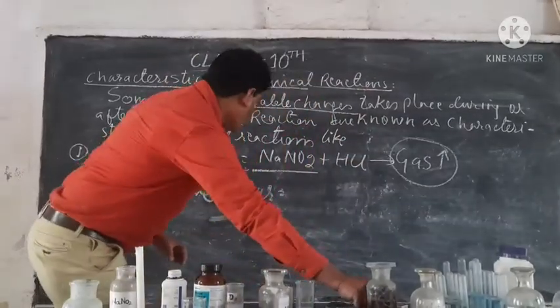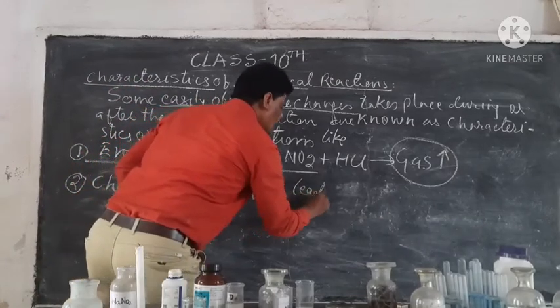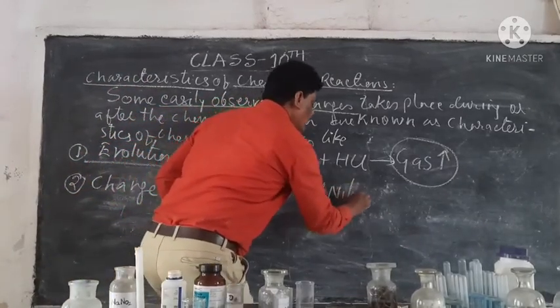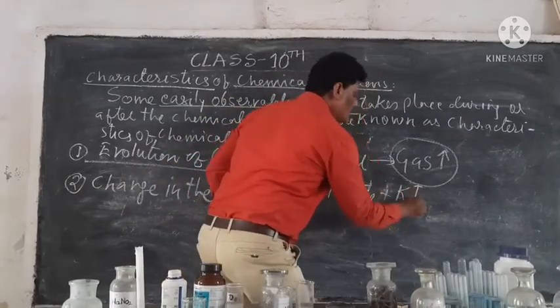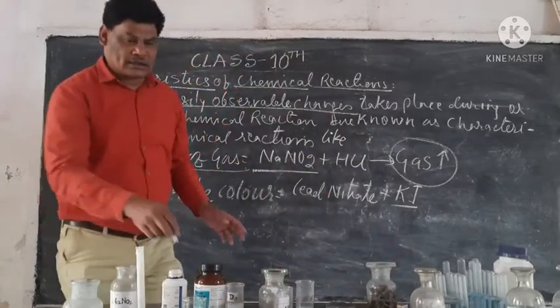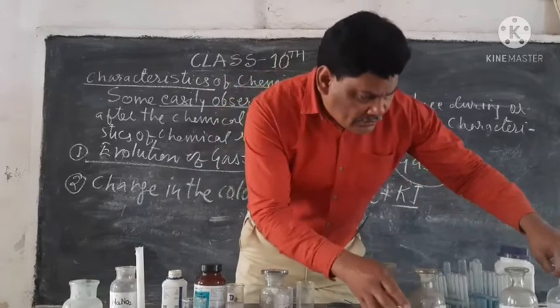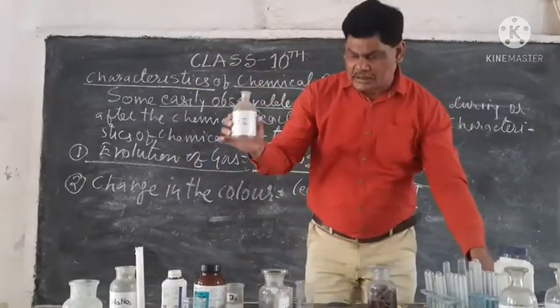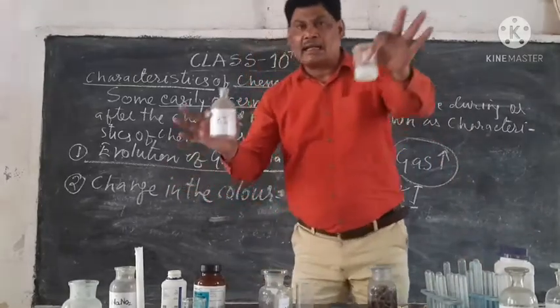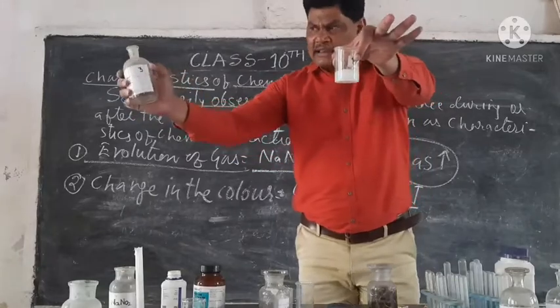So what I am doing is reacting lead nitrate with KI solution. KI means potassium iodide solution. Here is the potassium iodide solution, and here the lead nitrate. Look, it is white in color, colorless.